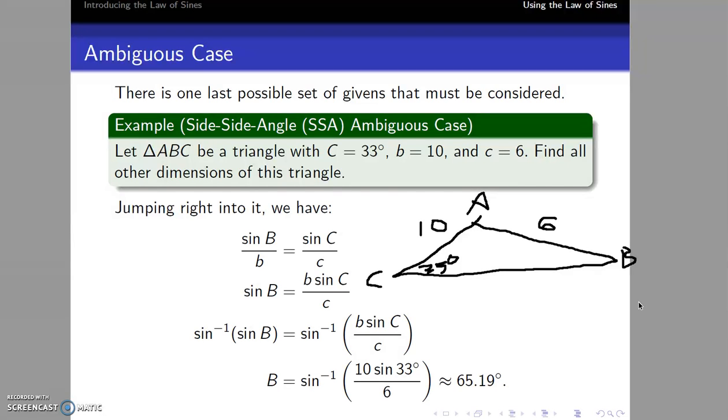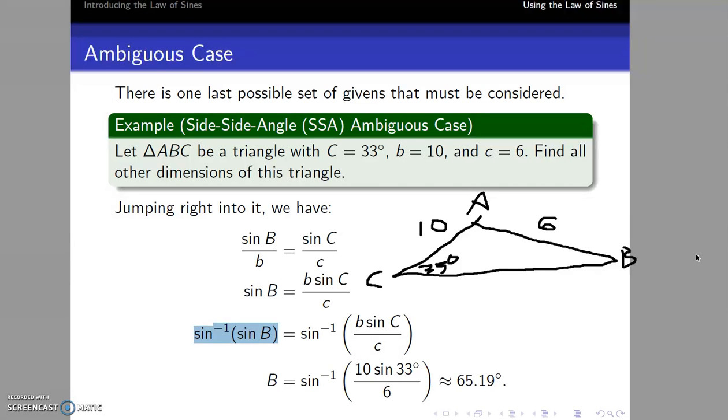And, well, you're not wrong, but you're not entirely right either. The issue happened right here. Is it always the case that arc sine cancels sine? And I mean always the case.